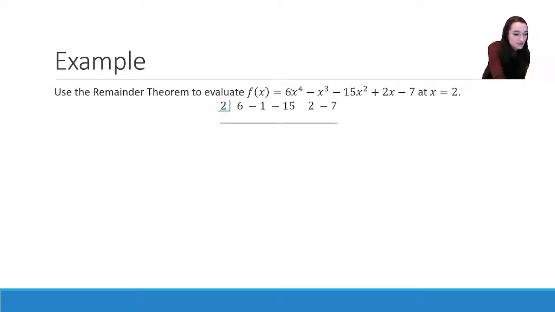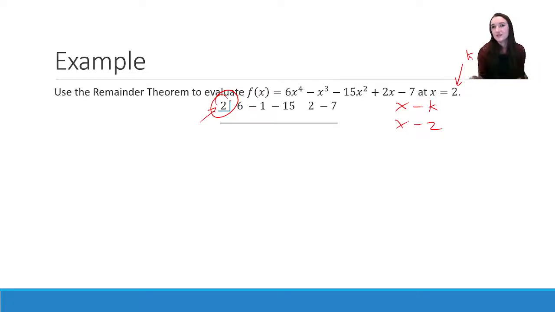So I take each of my coefficients, my 6, my -1, my -15, my 2, and my -7, and I put my k value of 2. Notice that it was x minus k, so x minus 2, but we switch up what the sign is.